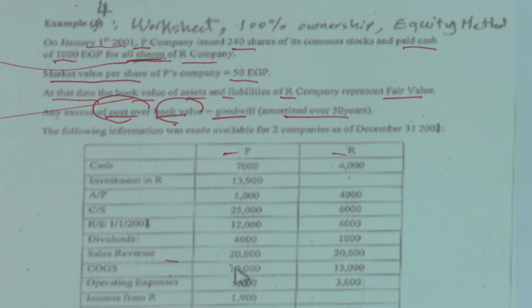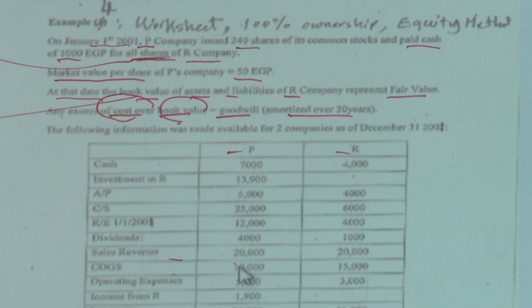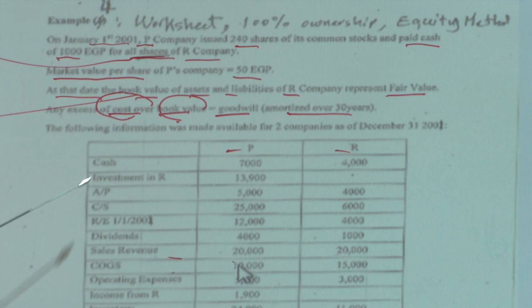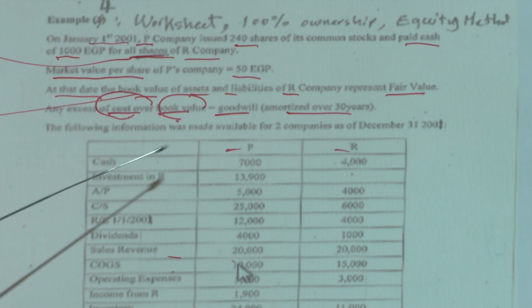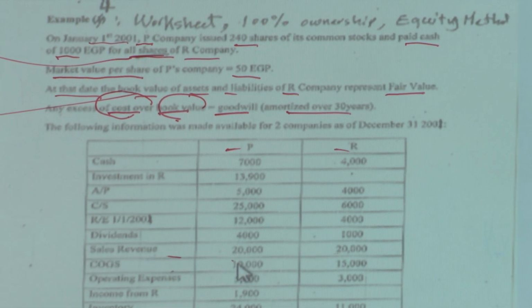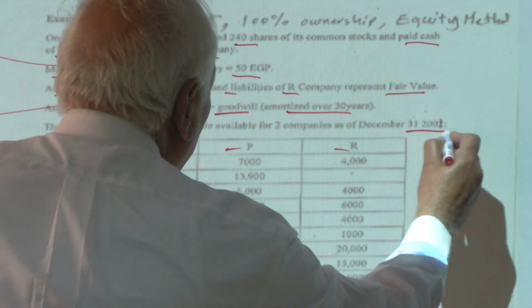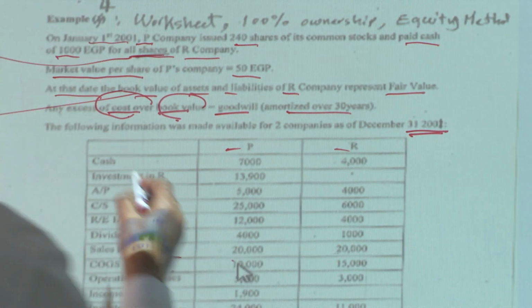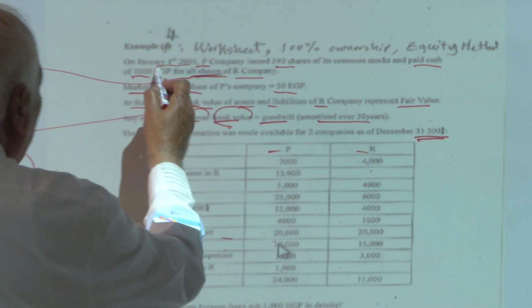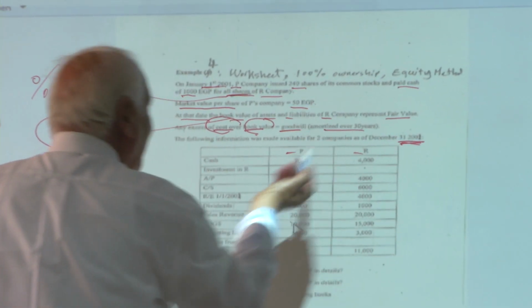Let me continue. The good thing in example 4 is they give you the following information, made available for the 2 companies as of December 31st, 2001. That means you have January 1st and December, 1 year, 12 months.